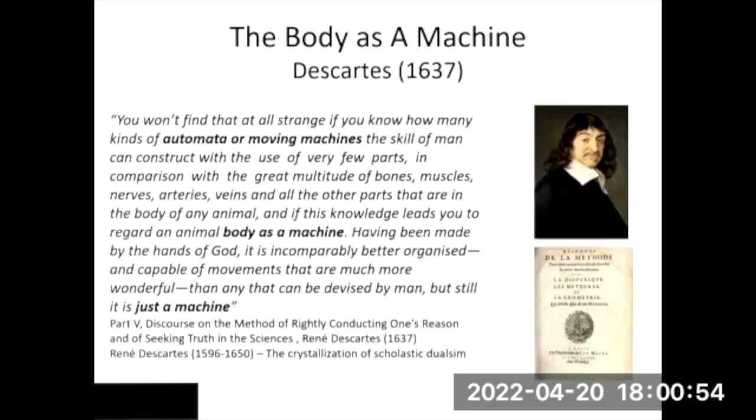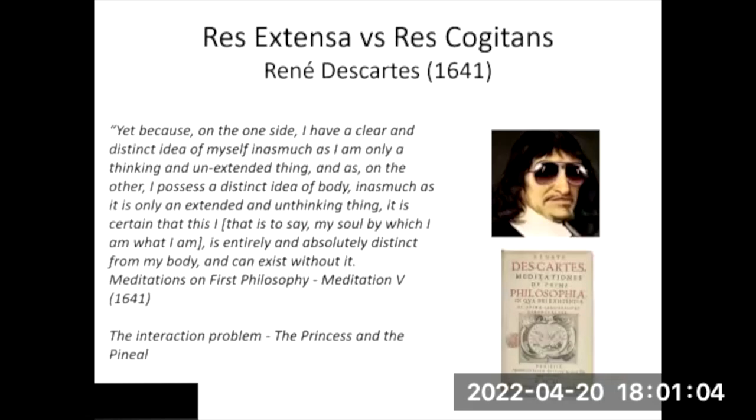So here goes. Famously, René Descartes described in a couple of his works the body basically as a machine. He also divided the world, or what there is, into the physical realm and the mental realm, the res extensa and the res cogitans.